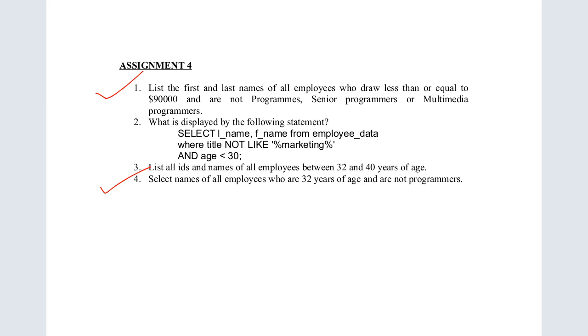Because we are talking about an exact value, probably the best operator you should use is equal. The equal in SQL is basically the normal equal in mathematics that you will use.